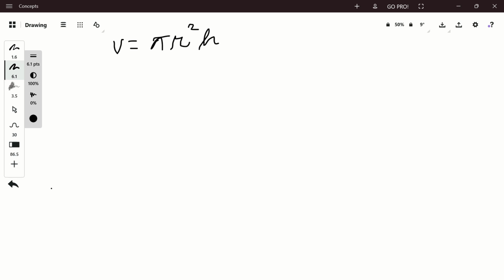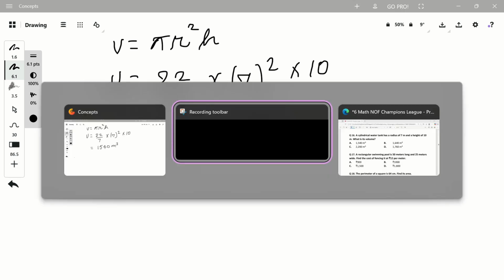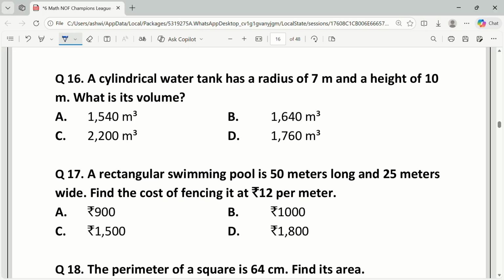Using pi equal to 22 by 7, r is 7 and h is 10, we have V is equal to 22 by 7 into 7 square into 10. That is equal to 1540 meter cube. Comparing with the options, the answer is A, 1540 meter cube.